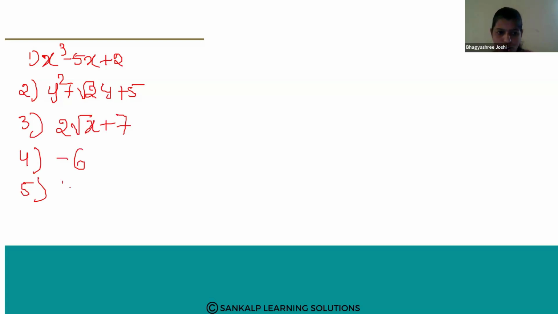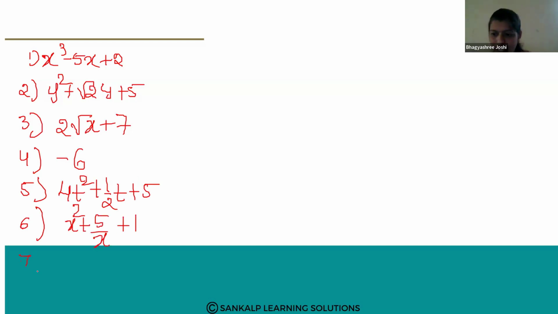Fifth one is 4t square plus half t plus 5. Sixth one is x square plus 5 divided by x plus 1. And seventh one is 3 into root x plus x raised to 3 by 2 divided by root x. I will give you 1 minute.